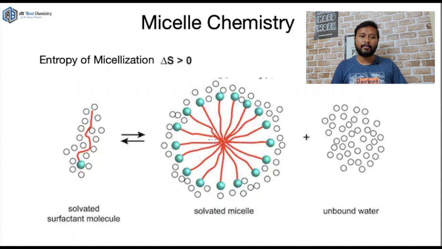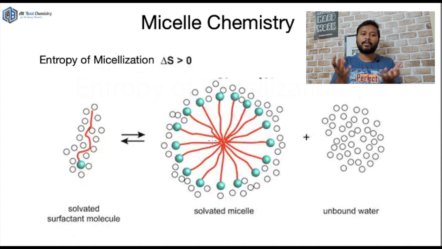Now what will happen when you have a micelle formed? When the micelle is formed, you will have the hydrophobic end at the center and hydrophilic heads on the sides, right? I have shown you that it becomes spherical in shape, right? So all the solvent molecules will now be available only at the surface, not along the whole individual molecule.